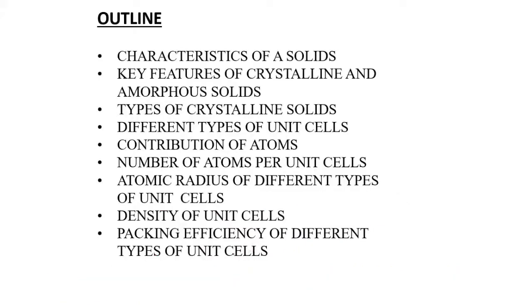The outline: characteristics of solids, differences between crystalline and amorphous solid, types of crystalline solid, then different types of unit cell, contribution of atoms, number of atoms per unit cell, calculation of atoms in detail, atomic radius of different types of unit cell, density of unit cell, then finally packing efficiency of different types of unit cell.